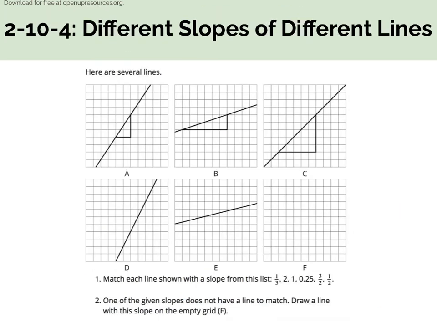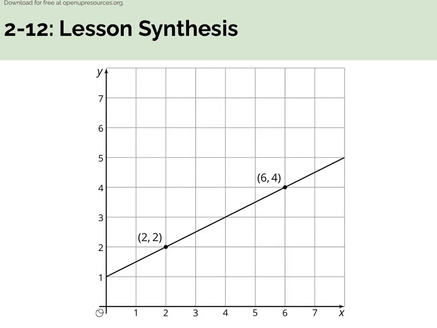So in this lesson, again, we're looking at slopes and slope triangles and finding them on lines. This is actually from lesson 10, so remember what we're looking at. We're looking at how we can find a slope to find different points that are on the lines. We can find a slope using a slope triangle. We can draw a triangle and find our vertical, which is 2, and horizontal, which is 4.